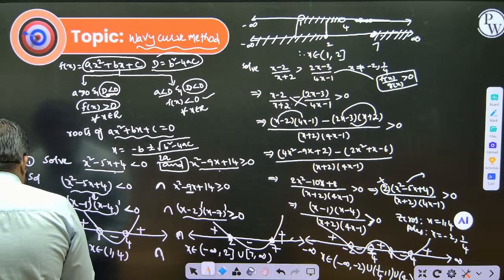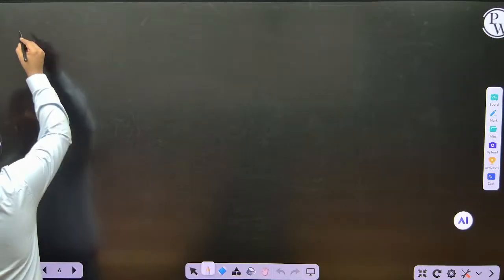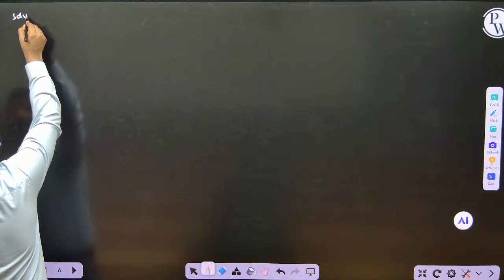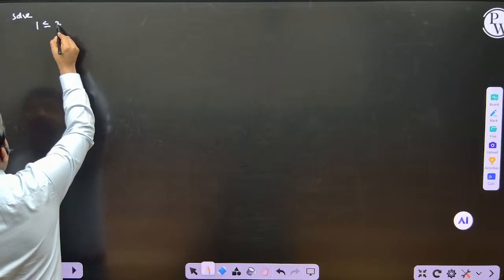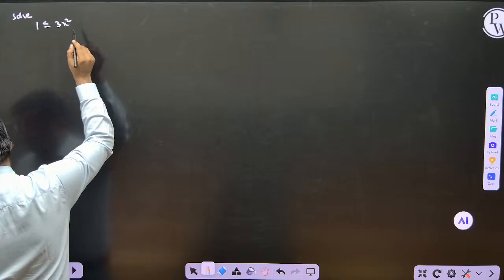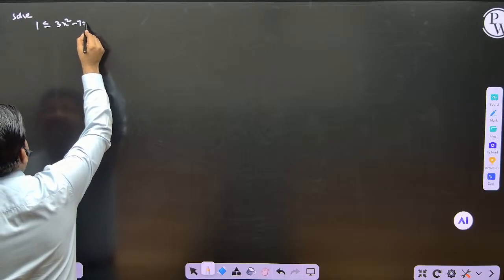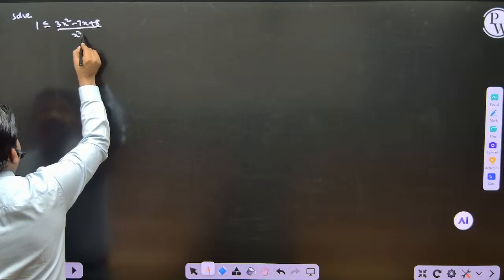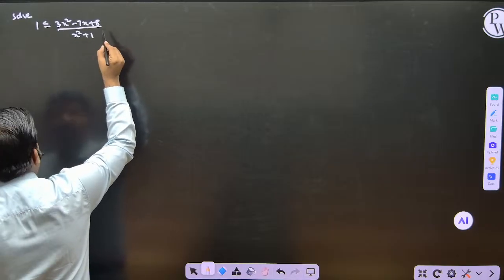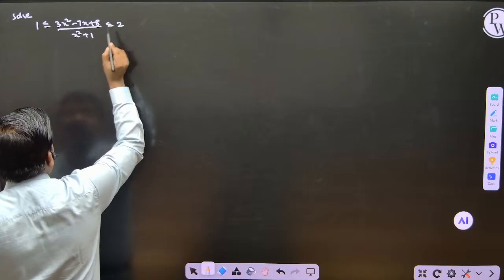Next, see how to solve the inequality. Solve 1 less than or equal to 3x square minus 7x plus 8 divided by x square plus 1, less than or equal to 2.